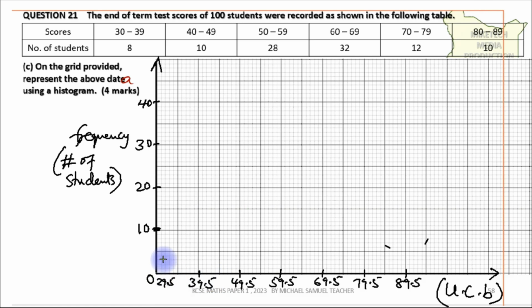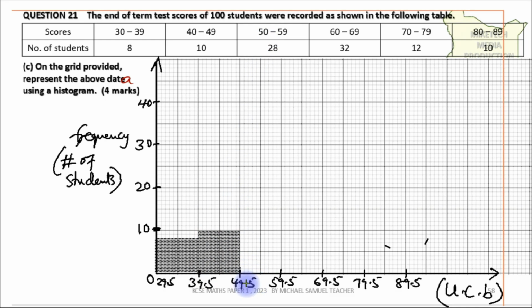So from here we can see the first one is 8, so we have 8 from here. Then the other one, 39.5 to 49.5, it is 10. So draw the histogram there. That is clear.